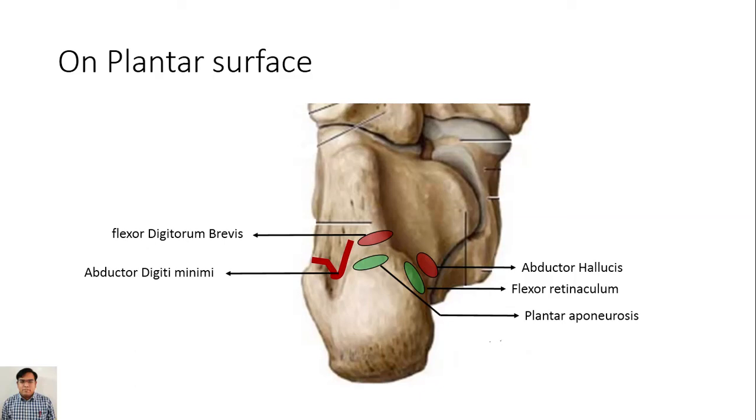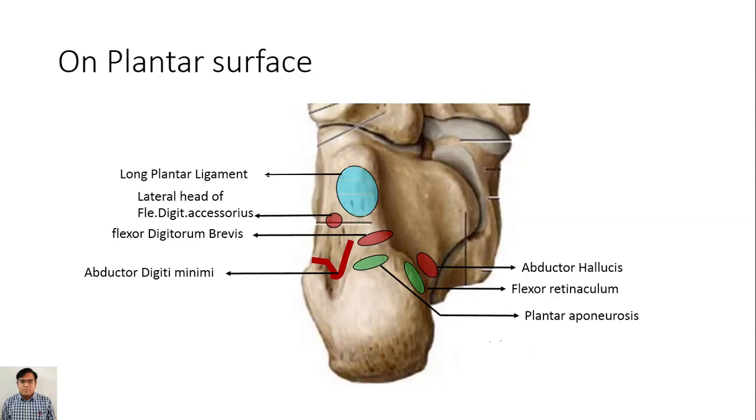The area between anterior and medial tubercle gives origin to lateral head of flexor digitorum accessorius, and this is long plantar ligament. Anterior tubercle gives attachment to short plantar ligament.